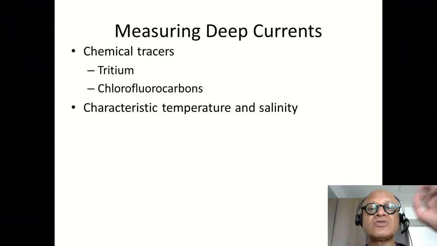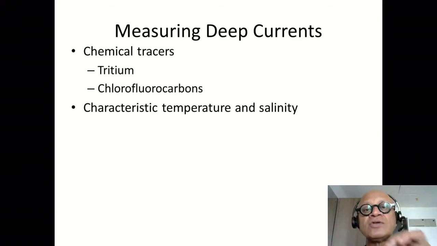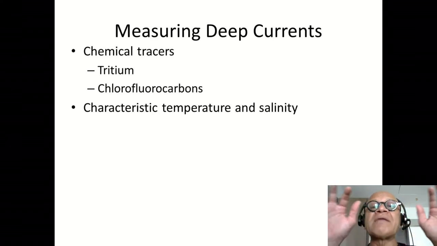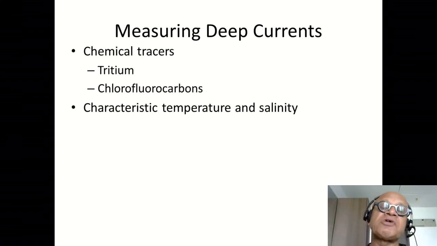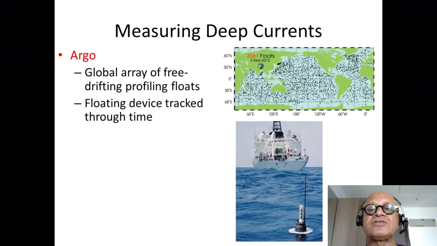Knowing the source, when they enter the ocean, where they are now, what concentration they are in, and so on, you can estimate deep currents. You can also use characteristic temperature and salinity to derive the dynamic topography and pressure gradients and currents, which are again indirect methods of deriving currents.